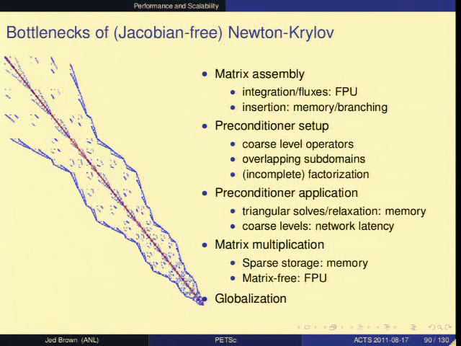And then inserting values into the matrices, where there's a search within a row that typically happens, so there's some branching and some irregular memory access. In preconditioner setup, constructing and, say, factoring coarse level operators is a common bottleneck, and extracting overlapping subdomains is another one.